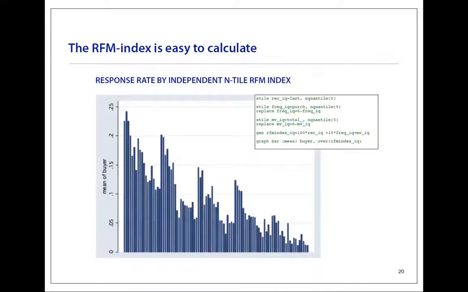Then we draw this new bar graph across all these 125 RFM indices. Here we can see that people have different response rates across these 125 groups regarding this particular book, The Art History of Flowers. You can see there are some hikes and some dips.